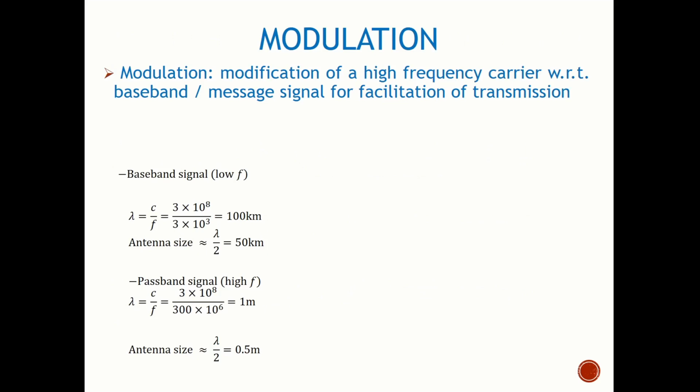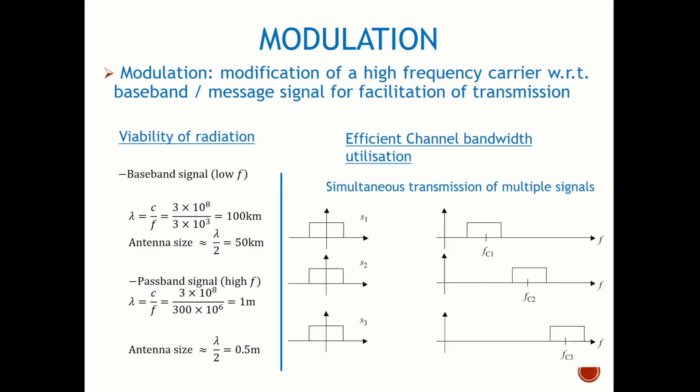These are some calculations just to show how the antenna size is related to the modulation. If we have a frequency of 3 kilohertz only, then lambda would be 100 kilometers and the antenna size would be around 50 kilometers.